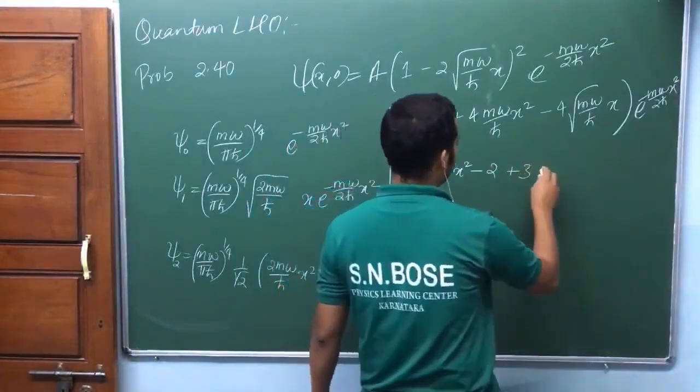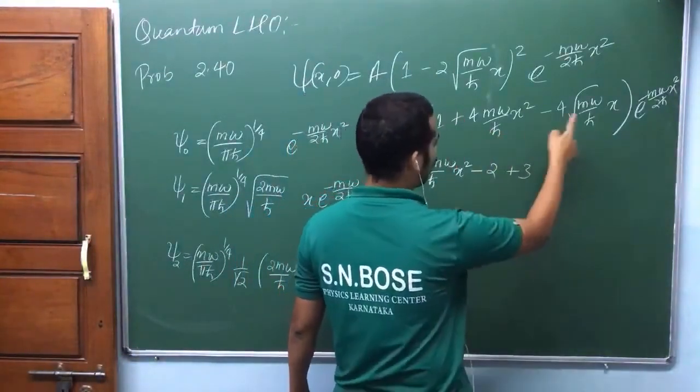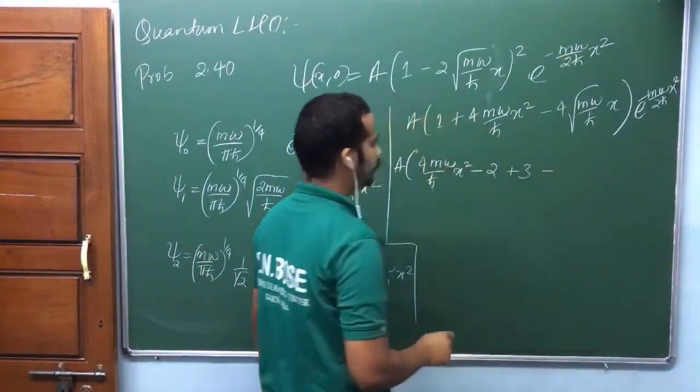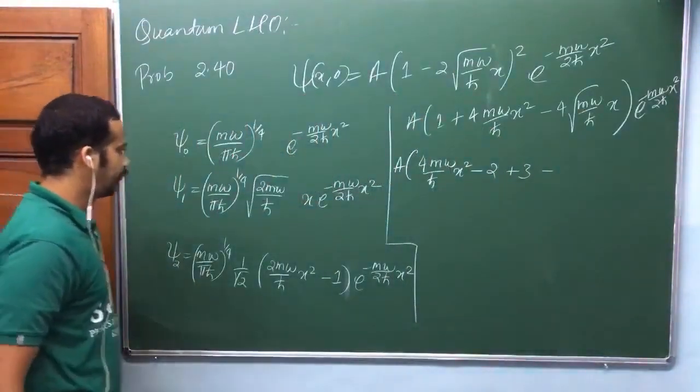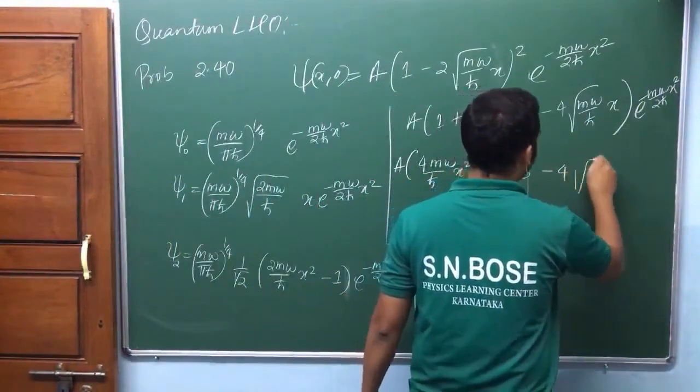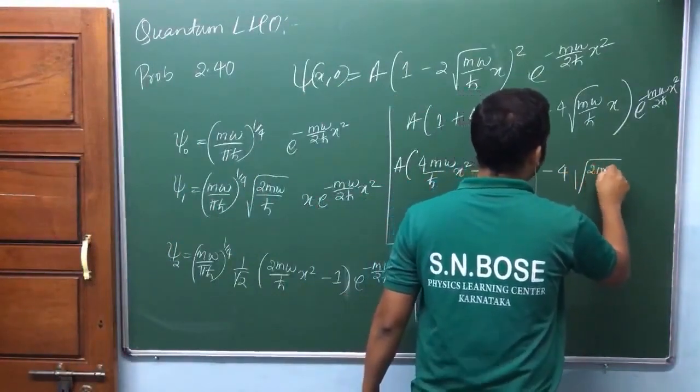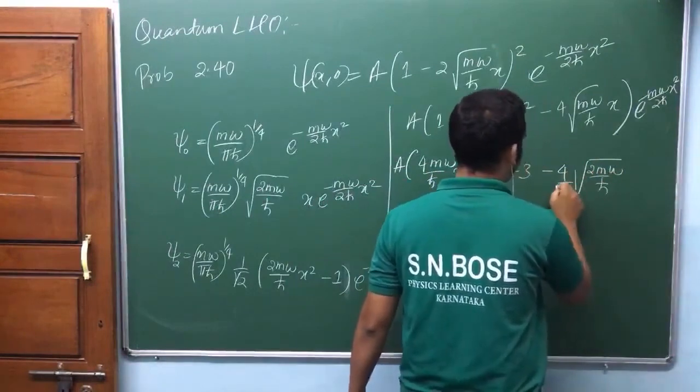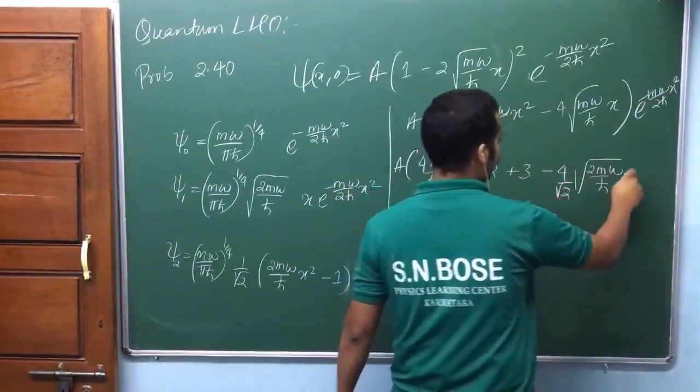So you will understand. Wait a second. Now what factor remains? Minus 4. What I do here is root of 2m omega by h bar, I'll divide by root 2 because I need that factor.